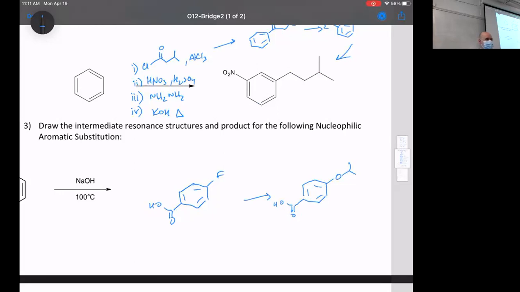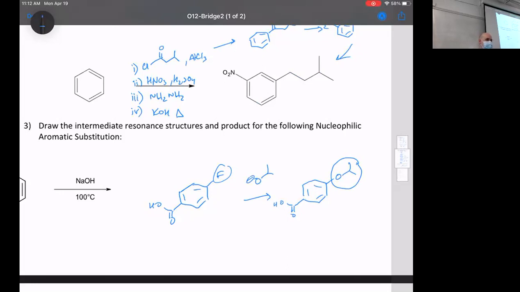So this was not on there, I just made this one up, but what are we doing here? What are we changing? Right, so this is a nucleophilic aromatic substitution. So what do I need to add? Oh, whatever, right, that chunk with a negative charge.